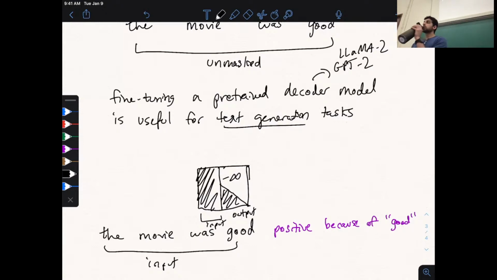I was wondering, in the state of the art today, what do we use for classification? So the question is, for the state of the art in text classification, what is the best model? Sadly, it is probably just prompting GPT-4, which requires no fine-tuning.